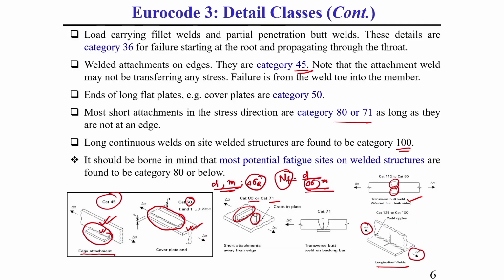There generally you can get a FAT value within a range of 100. So whatever different types of joint geometry I am showing, that is the joint geometry based on different FAT classes. The FAT classes, for different types of joint geometry, give the fatigue strength value at a cycle of 2 into 10 to the power 6.